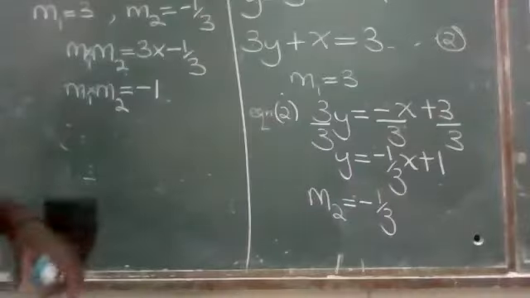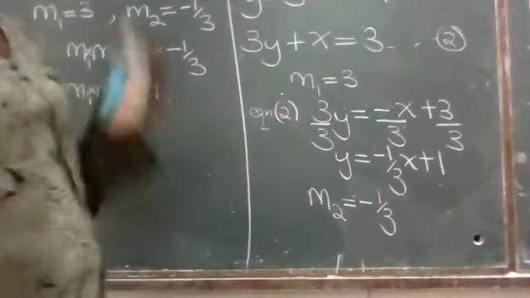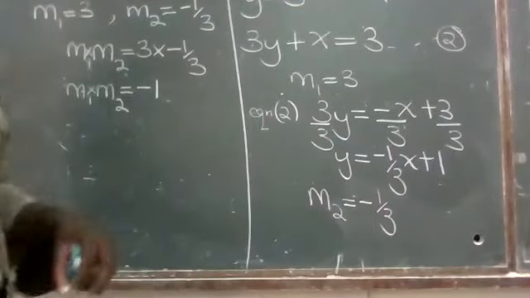Teacher, does it mean that if you multiply the gradients of 2 lines and the answer that you get is negative 1, they are perpendicular? Very good, brilliant. That is what I wanted us to deduce.